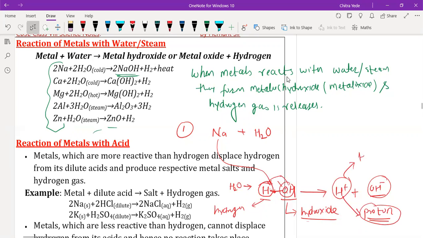Sir, is any naturally occurring radical present? In nature, these radicals are not present, but somewhere, like in Delhi, the most polluted city in the world, most of the vehicles and industries are located nearby.